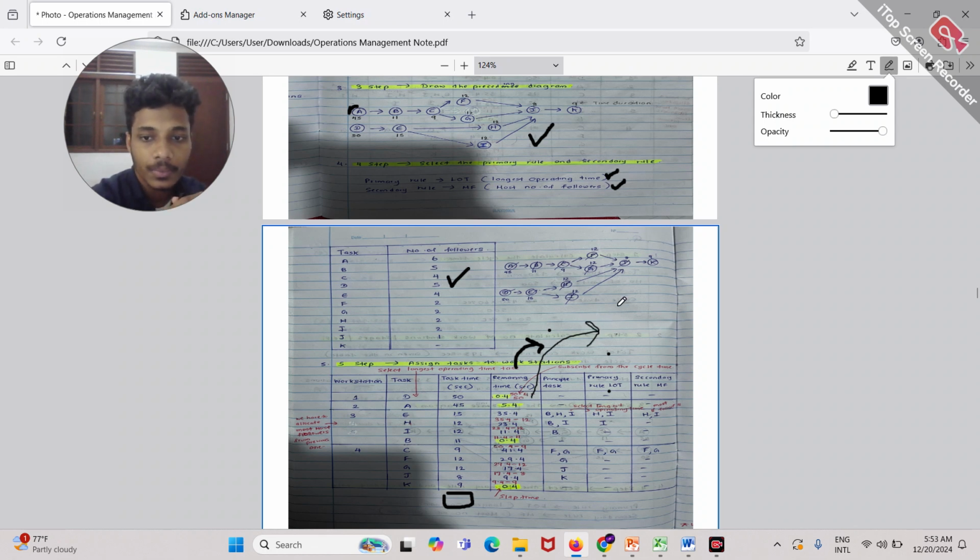Cycle time minus the task time. CT minus task time. So 50.4 minus 50.